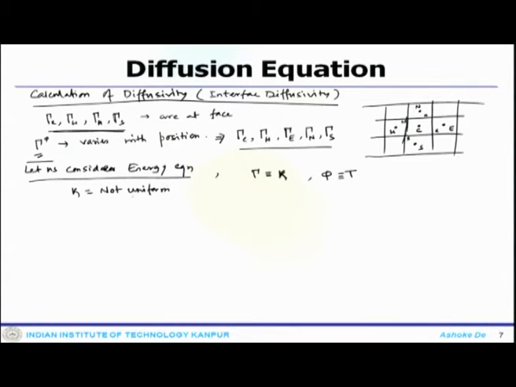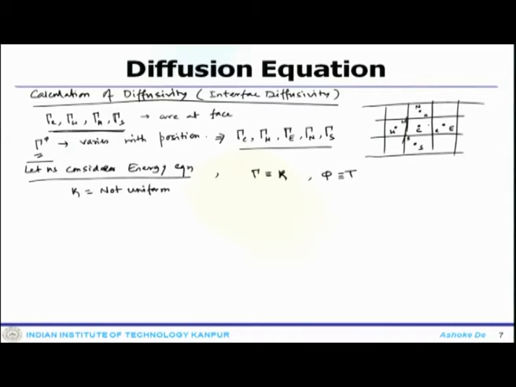For a non-homogeneous material, kappa could be varying, so kappa at this center and kappa at this location are going to be different. Then assuming an equivalent diffusivity is not going to give an exact solution.